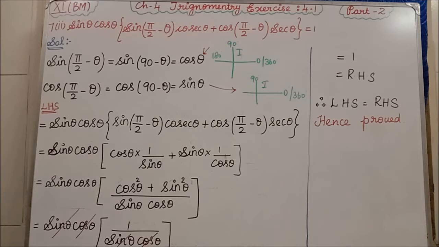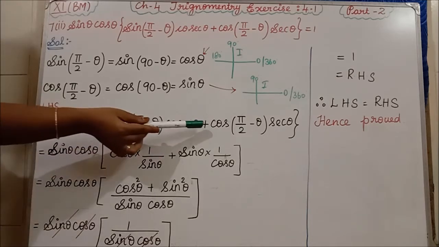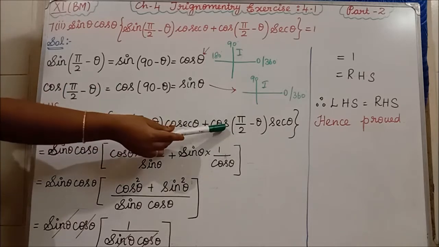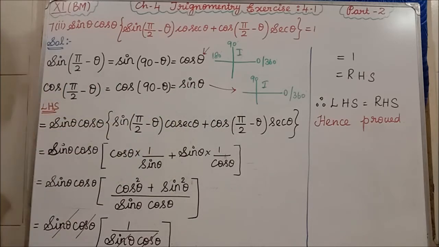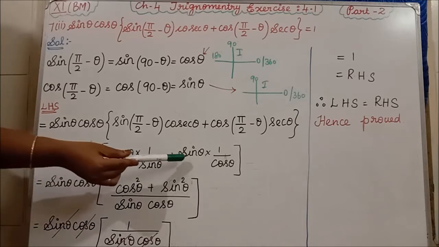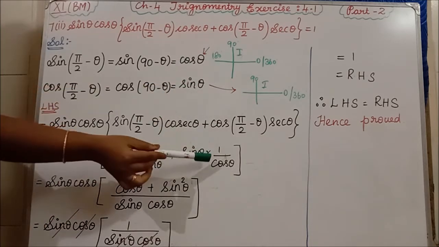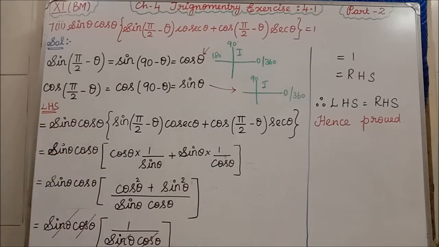This formula you have learnt in 10th standard. Do you remember? In part 1 session also we have recalled everything. Now in between, plus sign, cos(pi/2 minus theta) we are having. What value have we got? Sin theta. So sin theta into secant theta means 1 divided by cos theta.